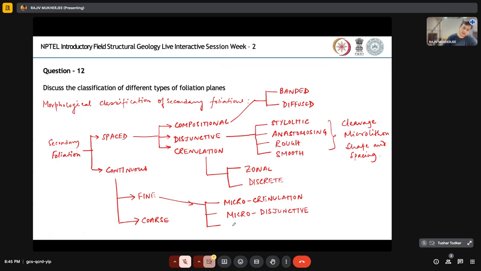And another one is microcontinuous. There are no reported morphological classification for the coarse continuous cleavages, because it is very rare to get coarse yet continuous cleavages.